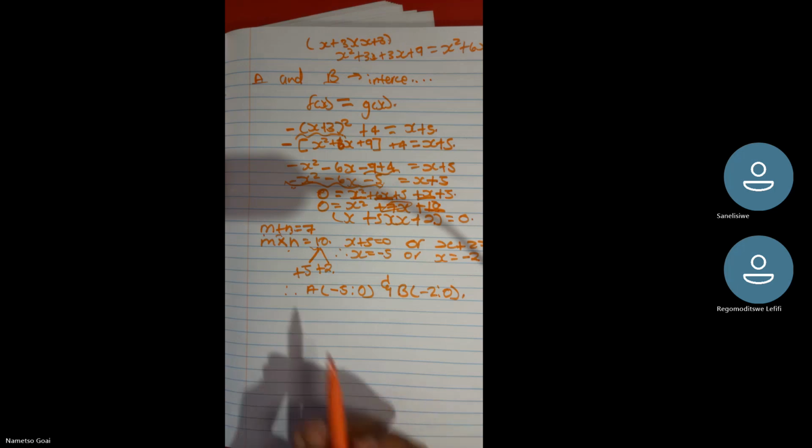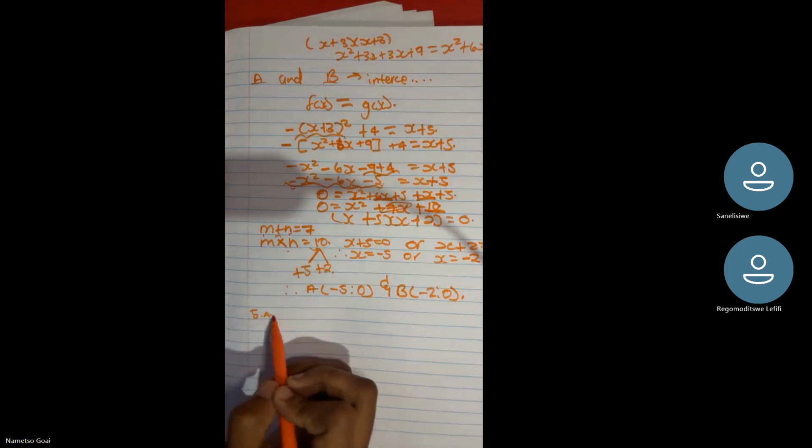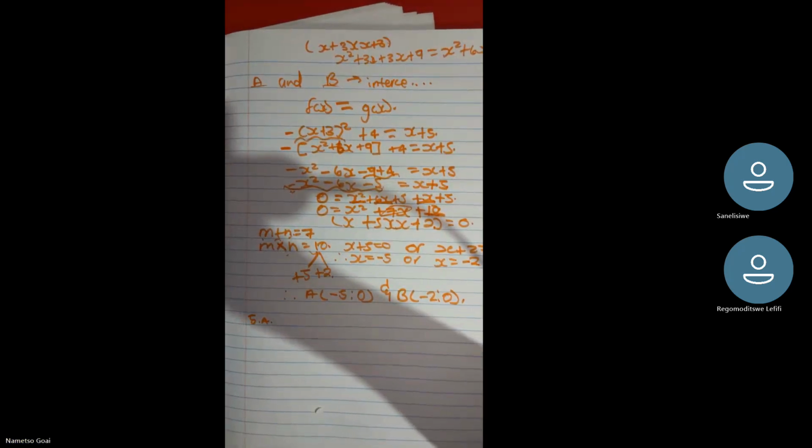Now let's look at 5.4. Let me see what 5.4 is saying. They're saying, hence determine the values of C for which the equation has one negative value and one positive value.